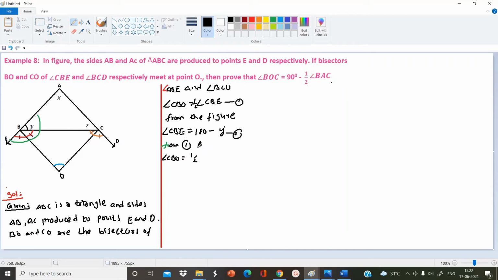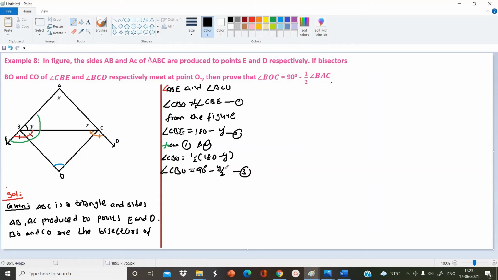From 1 and 2 we can write angle CBO equals half into 180 minus y. So 2 1s are 2, 90 will come, minus y by 2: 90 minus y by 2. This is equation 3.